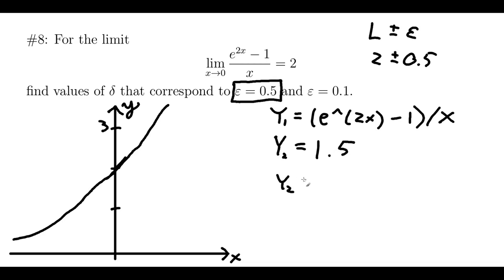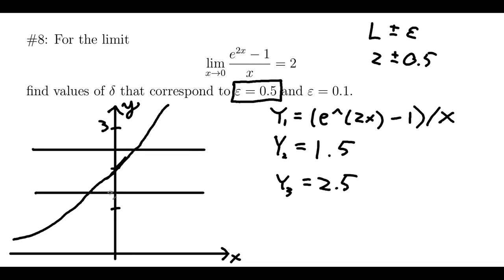And if we add our epsilon value, we get 2.5. So if you put those in as additional functions and graph those, this is clearly not quite to scale. These should be at 1.5 and 2.5. Use your imagination. You get something like this.